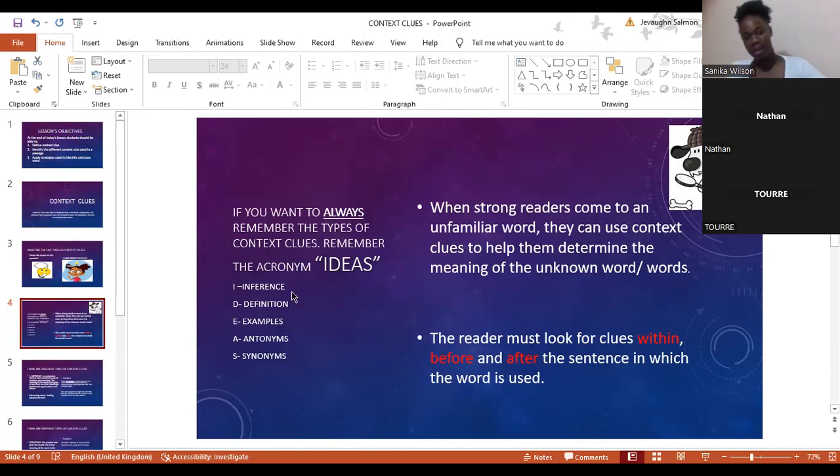All right, so the acronym IDEAS, like I said before, will help us to remember the different types of context clues. So Nathan, close your eyes and tell me what the A means in IDEAS. Antonyms, miss. Antonym. What is an antonym though? So an antonym is the opposite of a word, right?